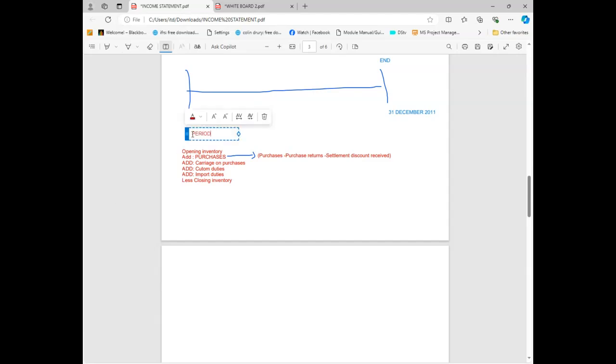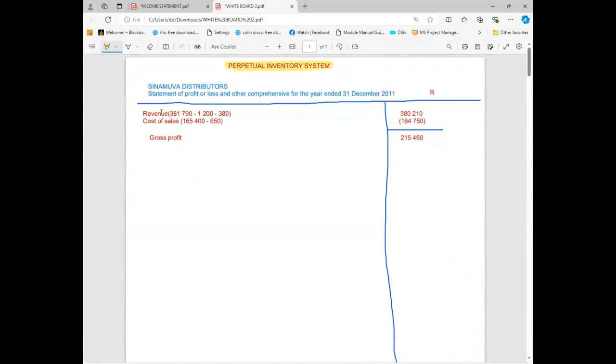So they will never give you the cost of sales if they're using periodic inventory system. So to find cost of sales, we use this formula. And you must write it down. This formula you must write it as it is. So for example, under cost of sales is where you're going to write those things that I wrote down here. Can you see this?